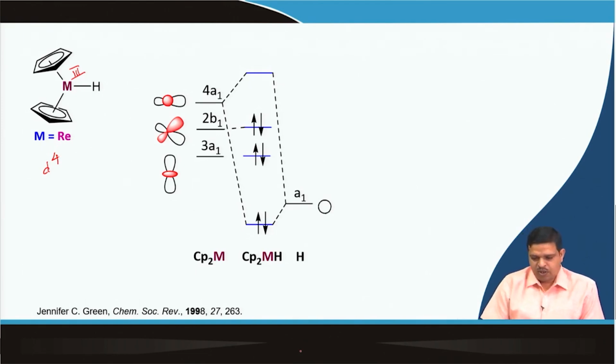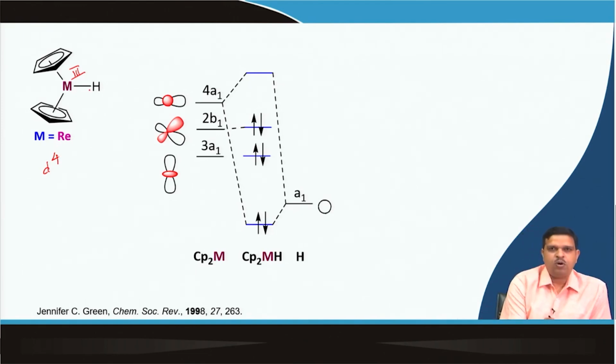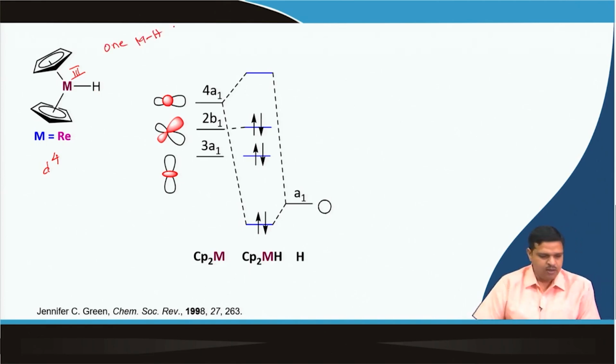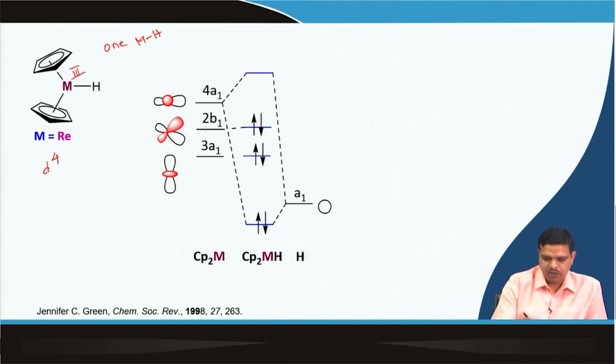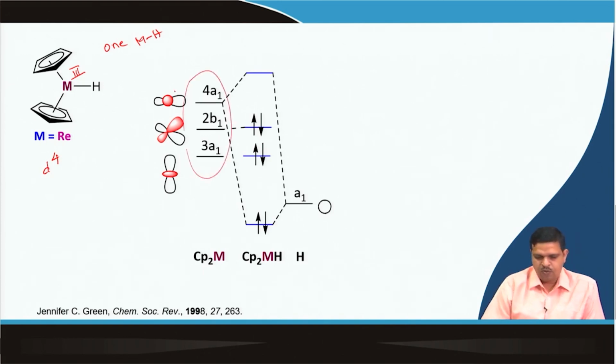Now, I have one covalent bond, with the hydride, one M-H bond, that means one s atomic orbital. Then I again use the same approach as we used to construct the molecular orbitals for ferrocene. Here you will see the resultant molecular orbitals for the bent metallocene. Now I am considering the one hydrogen bond, that one M-H.